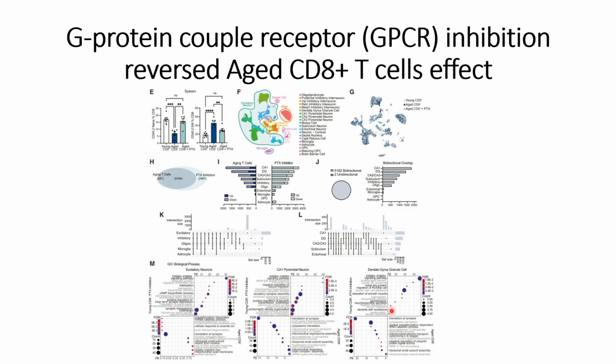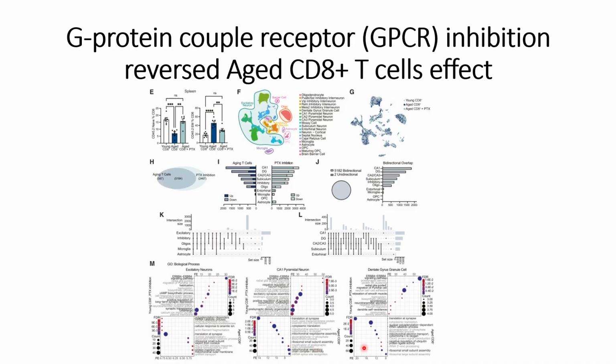And for all these three cell systems, they are able to see that young CD8 plus T cells and PTX inhibition in aged CD8 plus T cells have similar signaling pathway changes, whereas in the case of only aged CD8 plus T cells, they are able to see down regulation in these pathways.